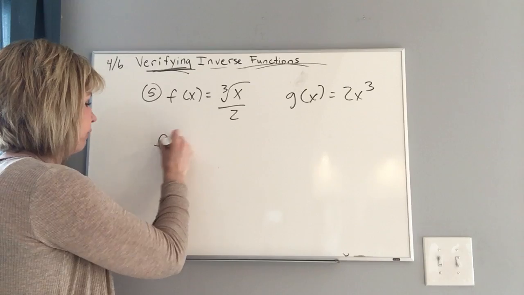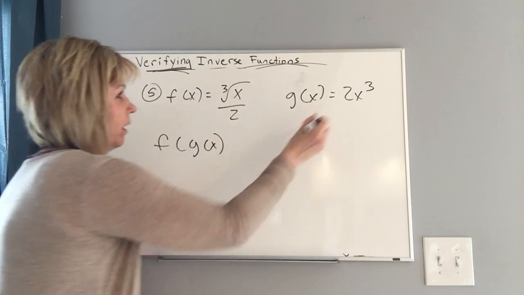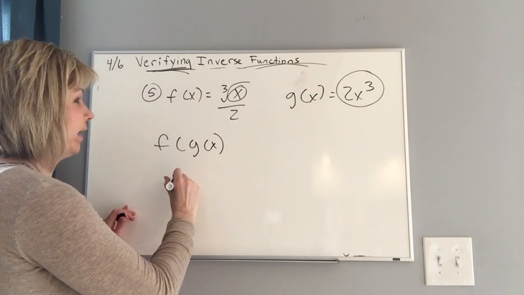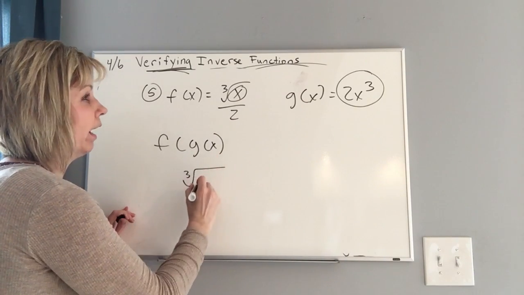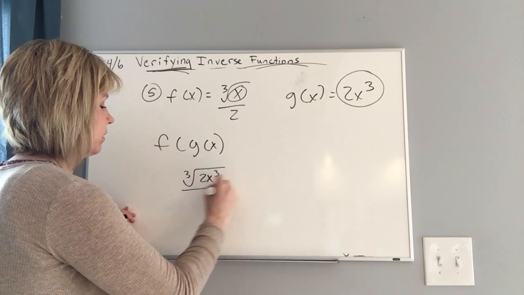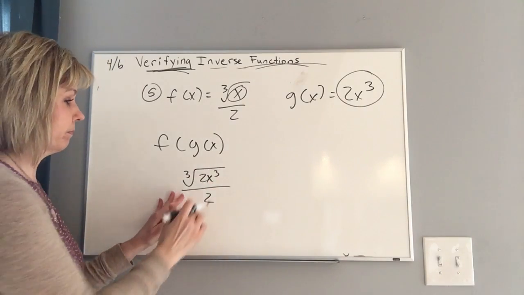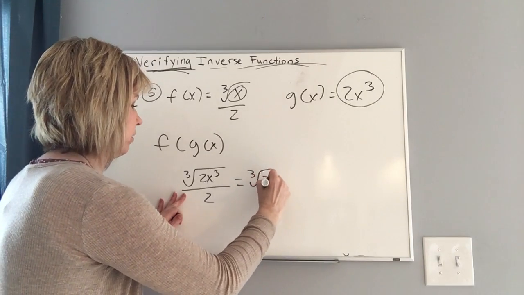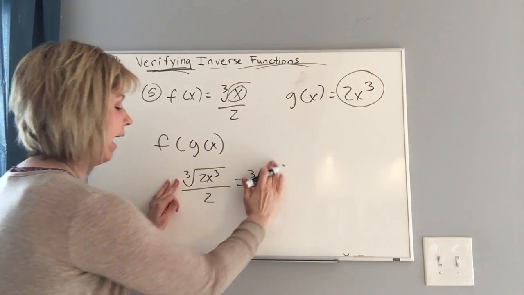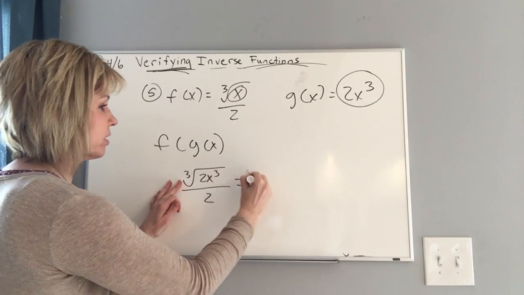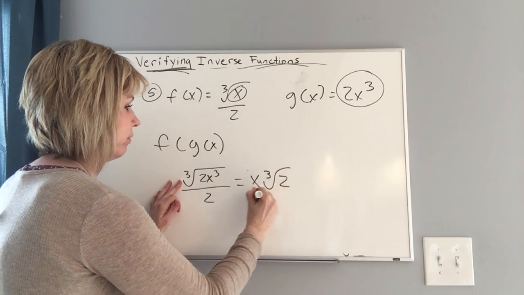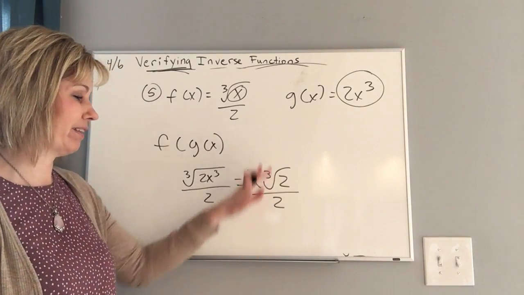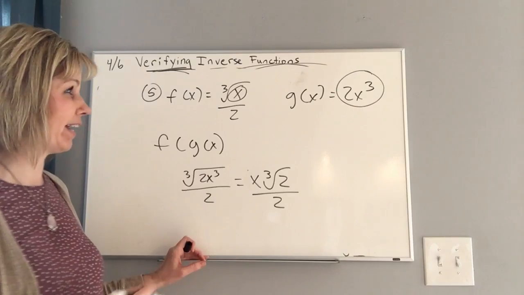Let's find f of g of x first. We're putting g of x in for the x there. So we've got the cube root of 2x cubed divided by 2. The cube root of x cubed is just x, so we have the cube root of 2 over 2. Does that cancel? No, that does not cancel out, so I know they're not inverses.